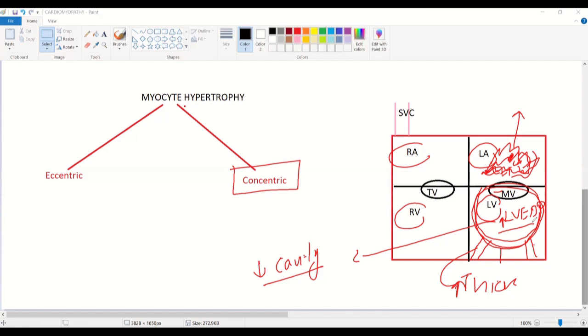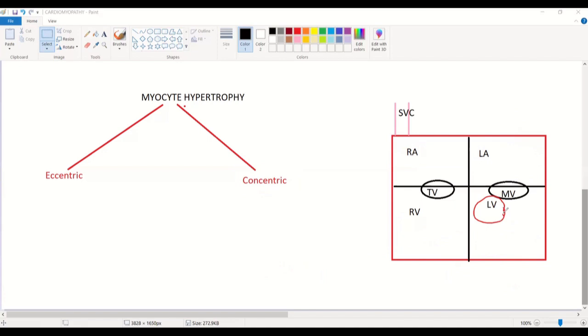The increased pressure in the left ventricle will shift the mitral valve, particularly the anterior leaflet, toward the aortic valve, right? And in this way, it will lead to mitral regurgitation. So it will increase the risk of mitral regurgitation.